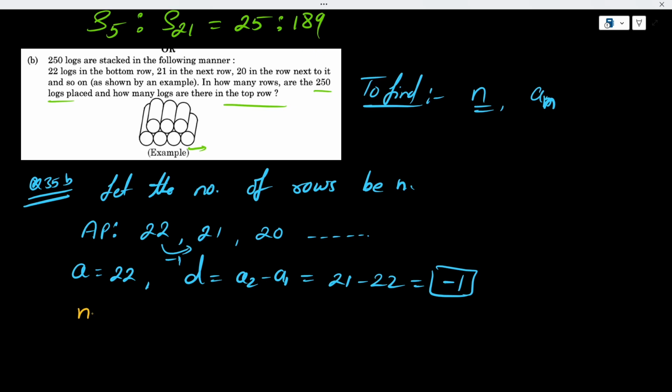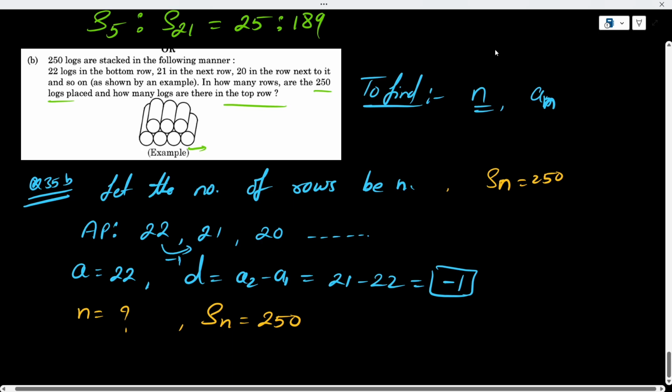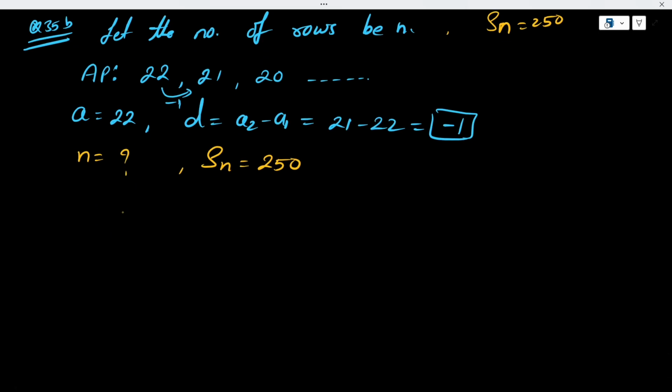Now what do we need to find out here? n. What are the total logs? Sn is going to be 250, because the given part is Sn is 250, n rows altogether having 250 logs. So what is the Sn formula we can use here?